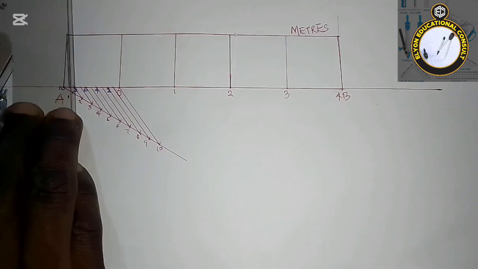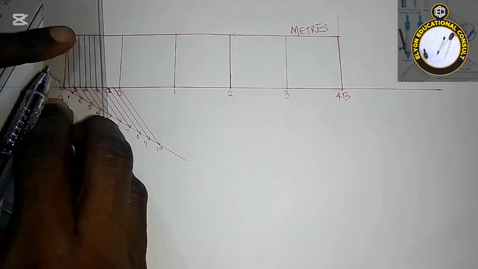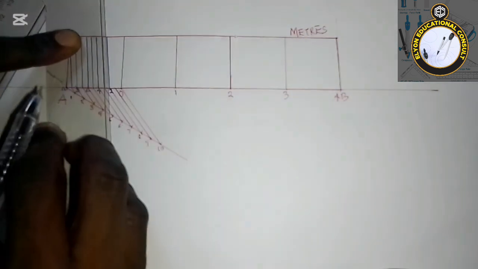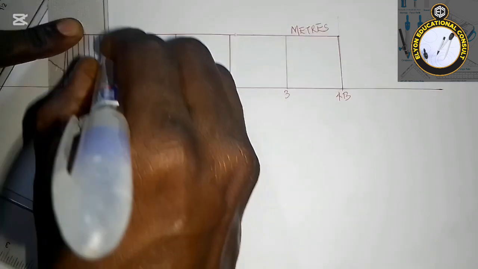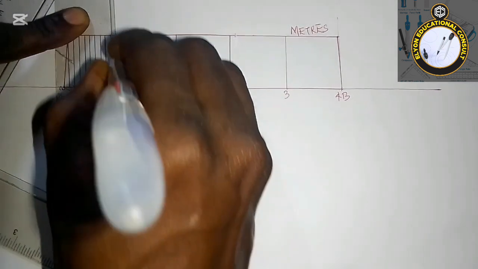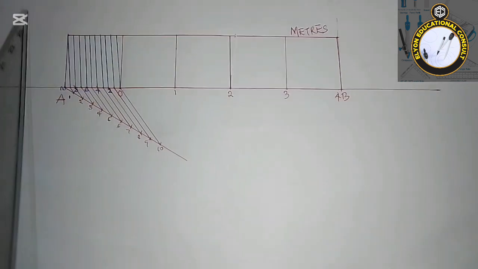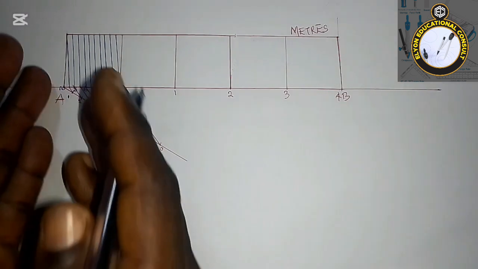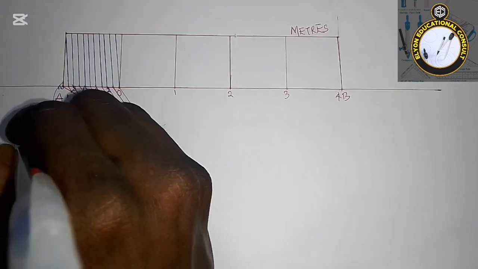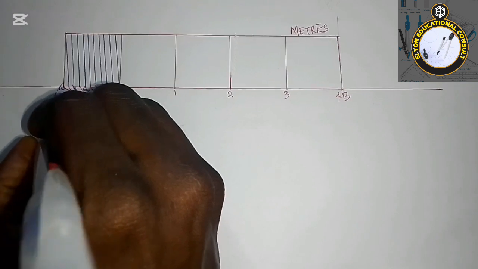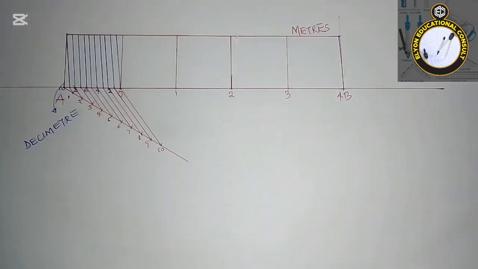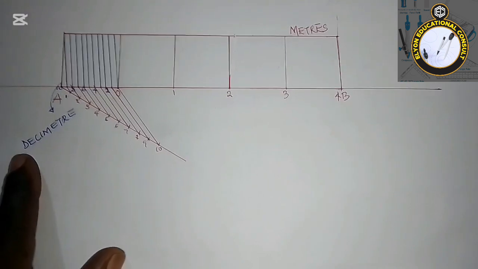You have that this way, and finally a 0. So this part now will represent our decimeter. So this is my decimeter part.